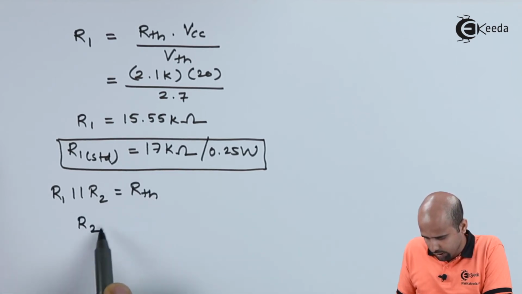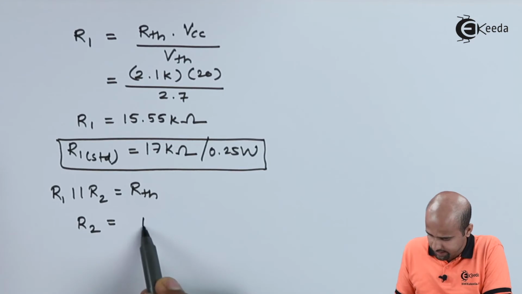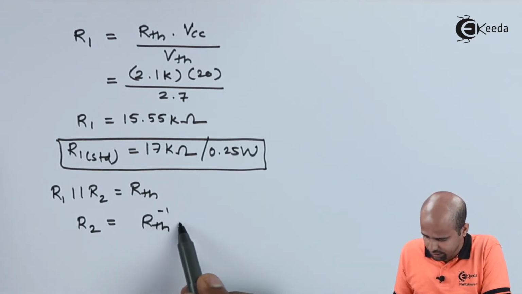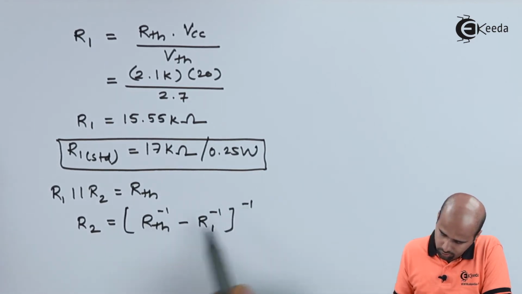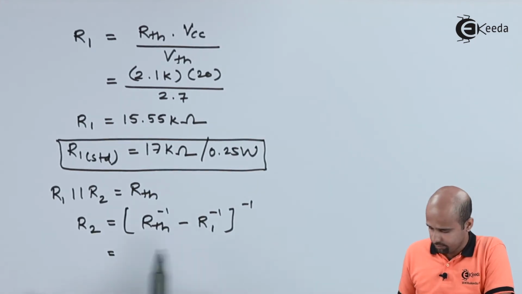So R2 will become, using the calculator very quickly, RTH inverse minus R1 inverse, the whole inverse. This will give you the value of R2, 2.39.